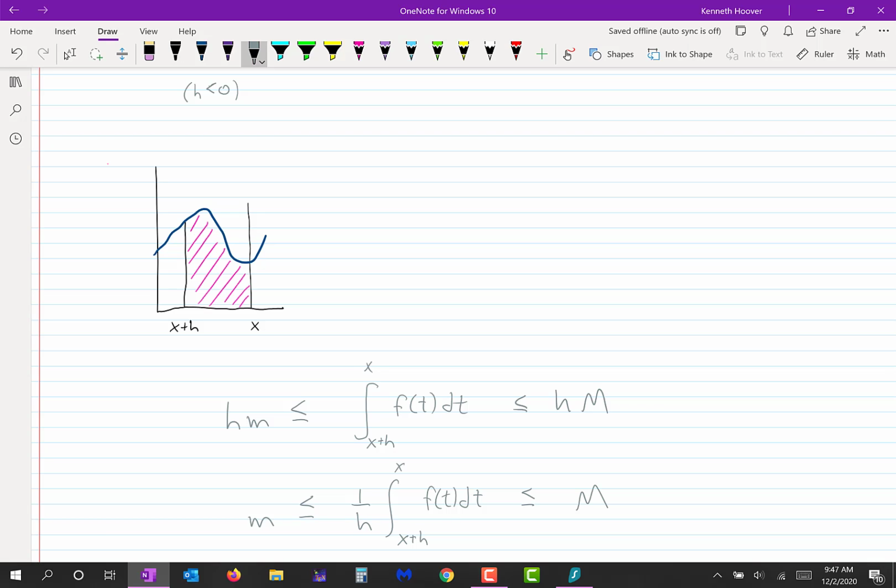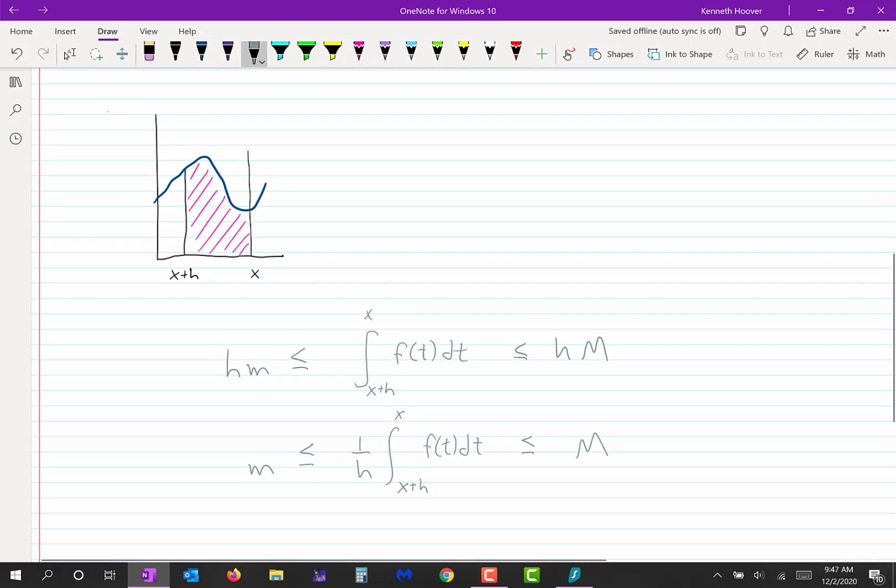Okay? And when we divided that inequality by h, the directions of the inequality would have switched because we were dividing by a negative number, if h is negative.